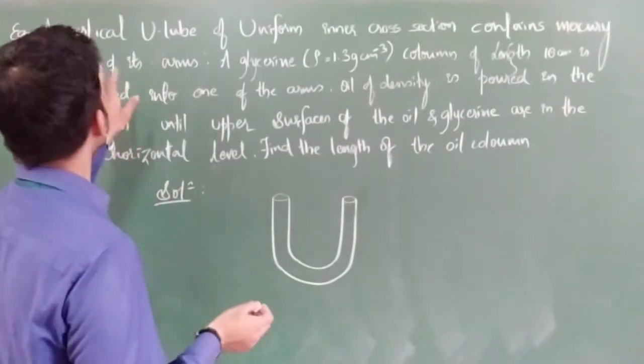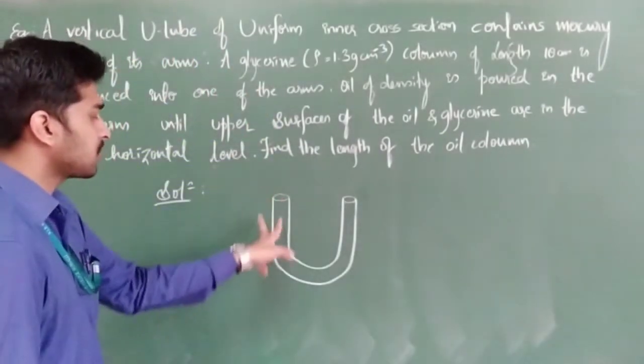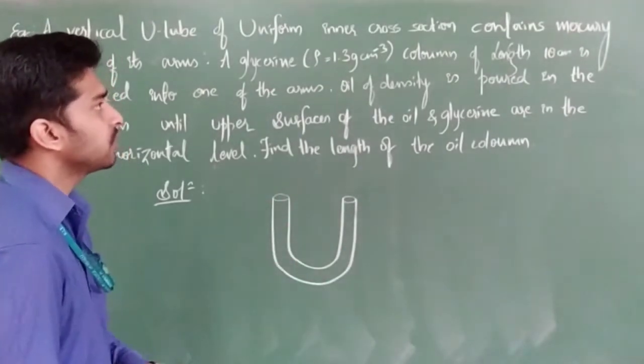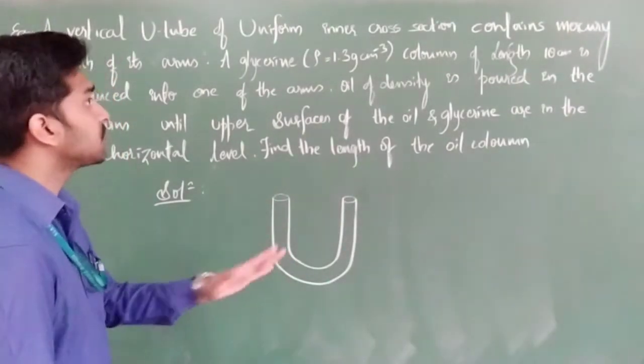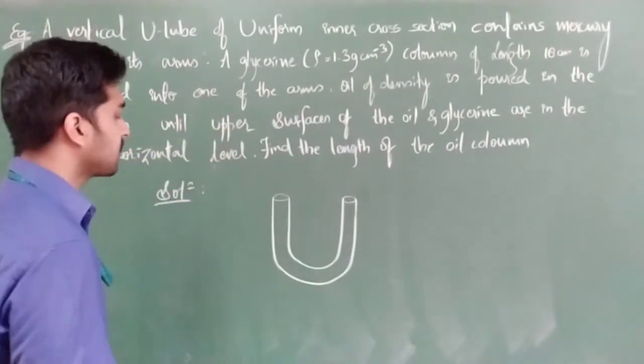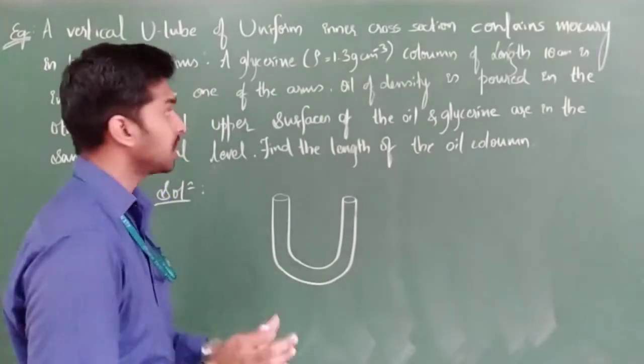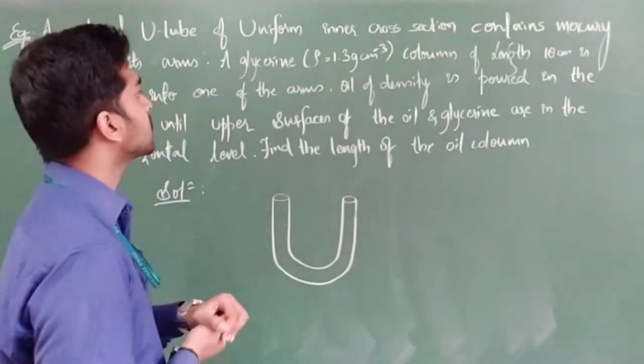Okay. So what they are telling is, a U-tube of uniform inner cross section. So the cross sectional area for this tube is uniform throughout this tube. Then what they have given, contains mercury in both of its arms. That means in both the arms we are having what? Mercury. Clear? Okay.